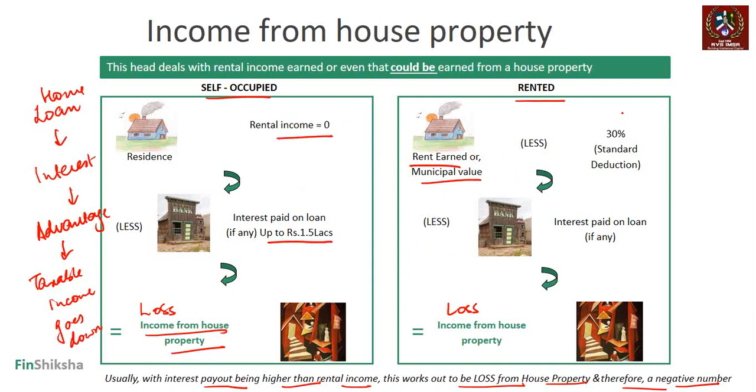From that, a 30% deduction is allowed for general wear and tear, like painting, breakage, etc., that happens in a home. Subtract from that any interest, no limit on this. Unlike the first case where there's a 1.5 lakh rupee limit, there's no limit here. What comes up is the income from house property, usually again a loss from house property if it is bought using a home loan, right? So home ownership with home loans is beneficial because it gives you a tax advantage. That's the income from house property.